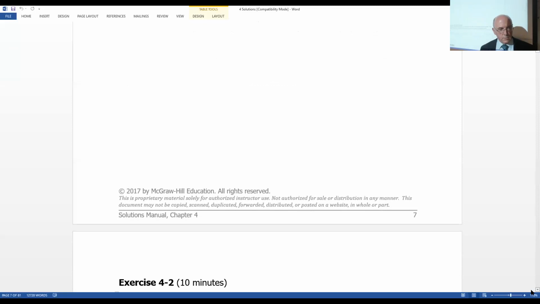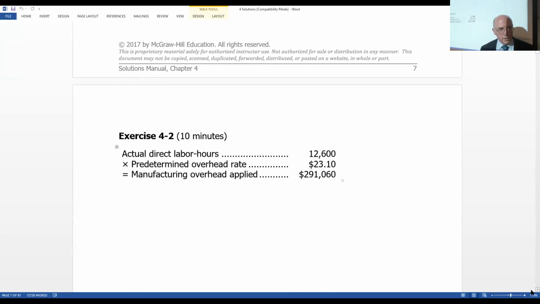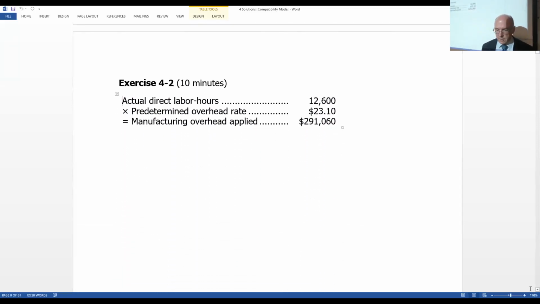Number 2. Oh, look at this one. There's only 3 lines. This has got to be easy. There's only a few things to deal with here. Apply overhead, number 2. Western Corporation uses a predetermined overhead rate of $23.10 per direct labor hour.